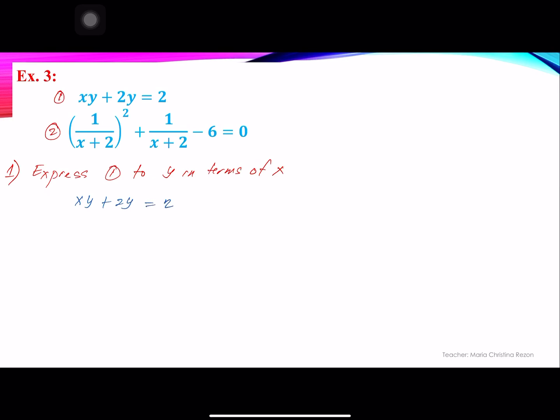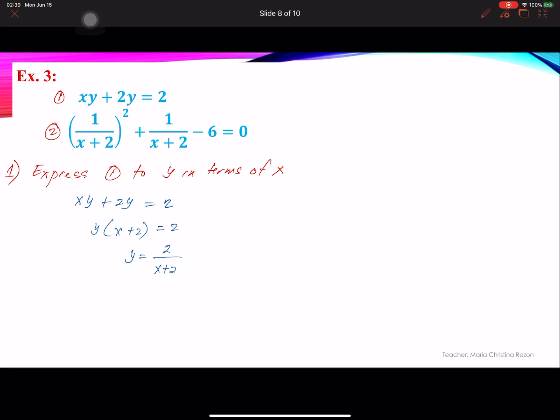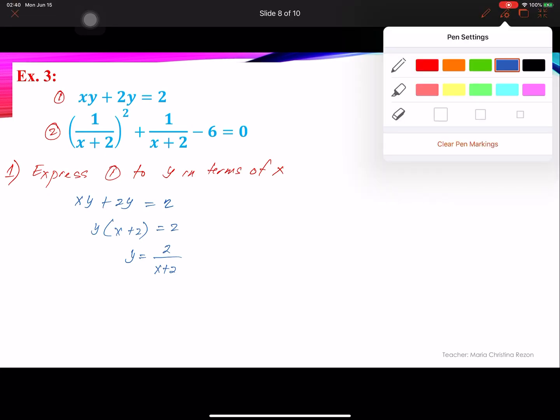Then factor out y. y times x plus 2 is equal to 2. So y is equal to 2 over x plus 2. Now, if you notice, we have a denominator here in our equation 2, which is x plus 2, but the numerator is 2. So let's try to make it a bit simple, and we'll see.